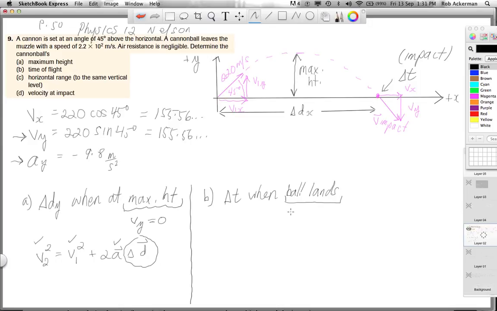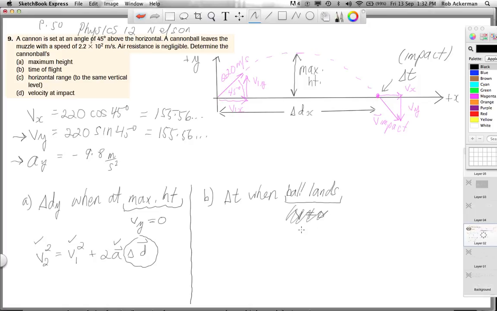A lot of students jump up at this point and say, oh, well, the velocity is 0, because anytime a ball lands and hits the ground, it stops moving. And that's kind of true. It's not always true. A ball might land and roll. So in my opinion, the idea that when a ball lands, the velocity becomes 0 is not really a good way of thinking about this question.